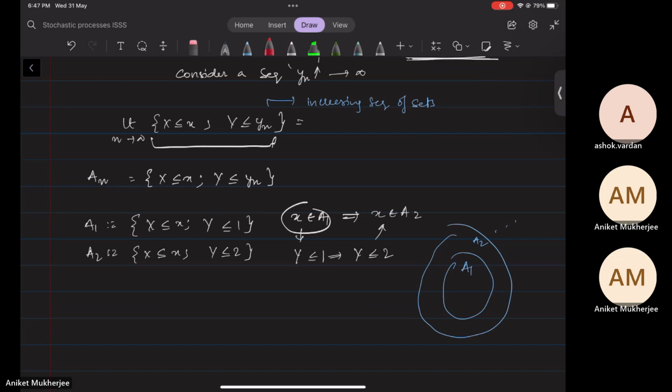From last class, we learned that the limit of an increasing sequence of sets is the union of those sets, n equal to 1 to infinity, of X less than or equal to x, Y less than or equal to yn. And this union of these events is just X less than or equal to x.